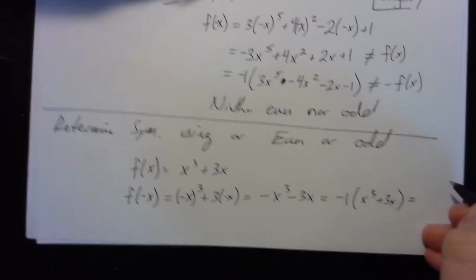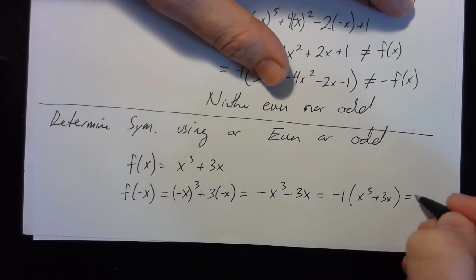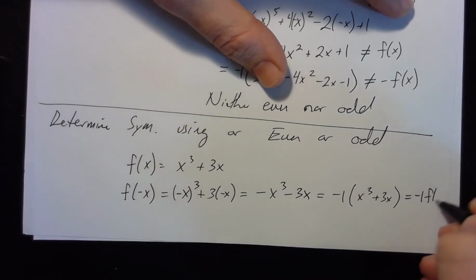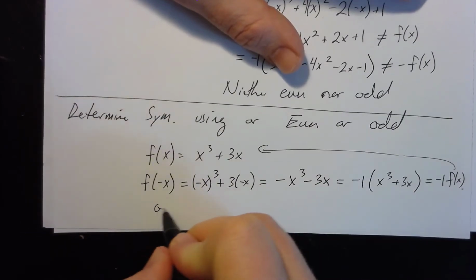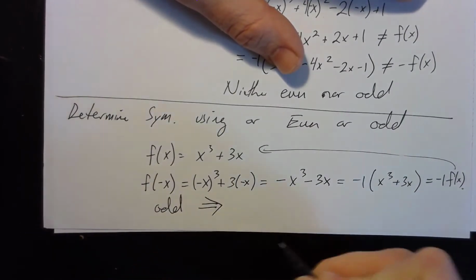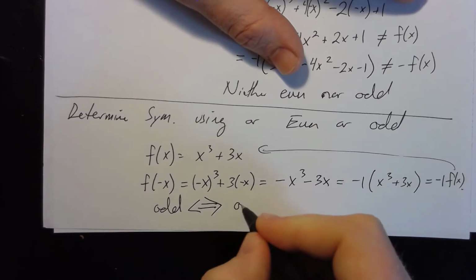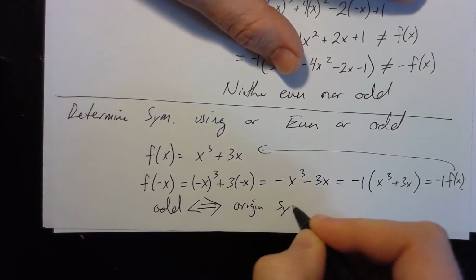And this is very clearly, again, in conclusion, equal to a negative 1 times the f of x function that we originally had. This implies that this function is odd, and odd will imply that this function has origin symmetry.